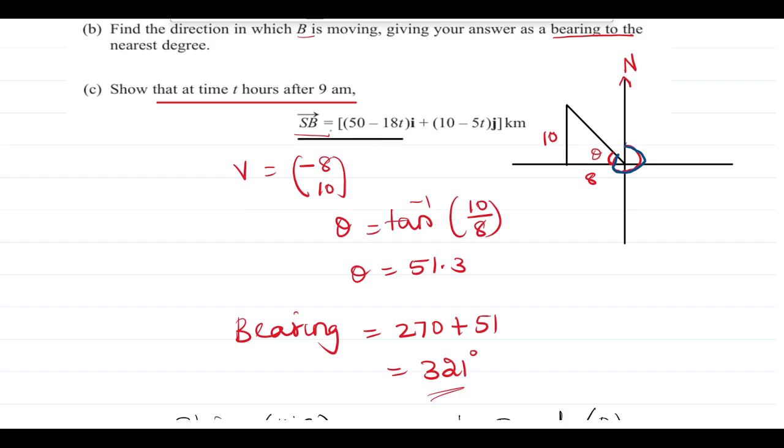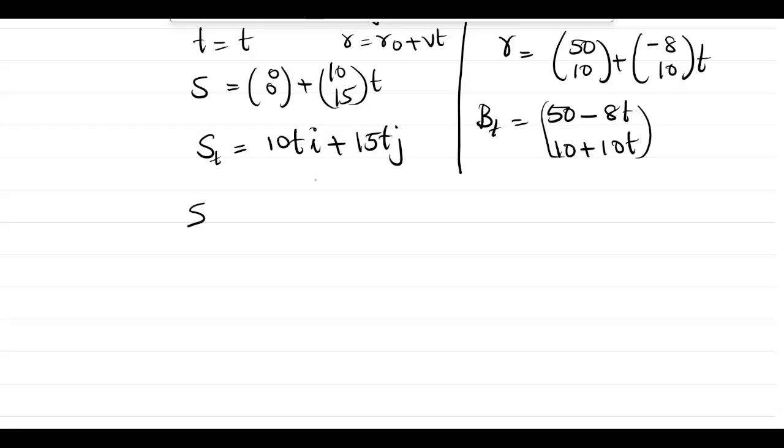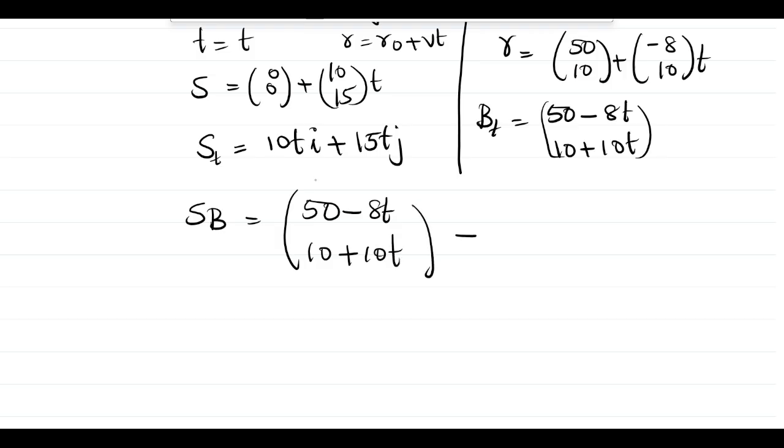Now the question is, show that SB equals, let us show the answer. SB equals 50 minus 8t, 10 plus 10t, minus 10t and 15t. Let's take the difference of this.